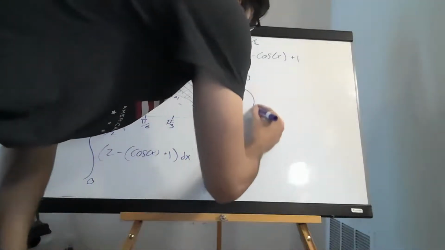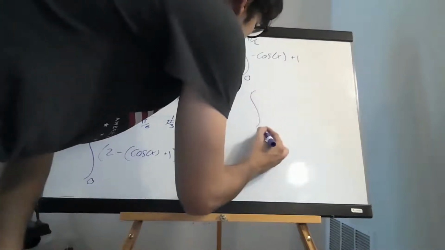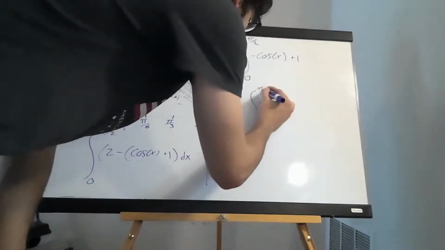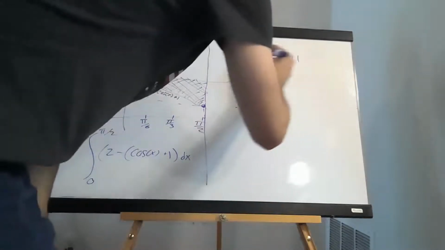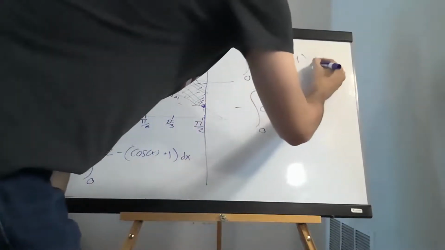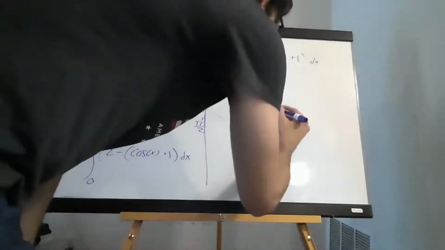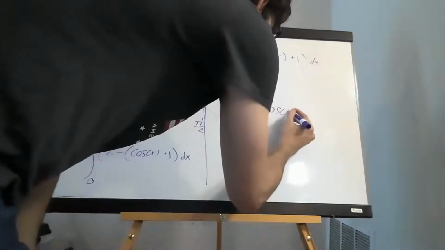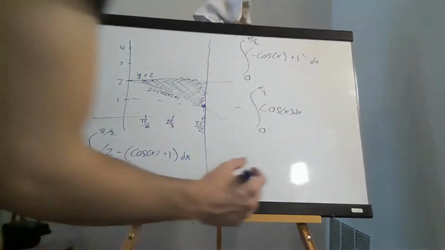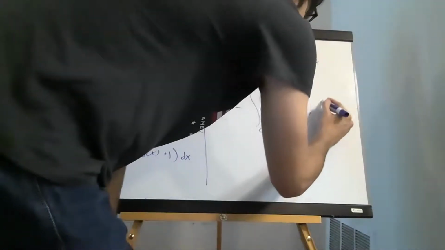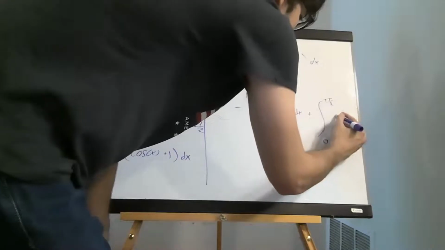This is the integral from 0 to pi over 2. Just going to put the negative out front for, don't catch me slipping, guys. You will never catch me slipping. Never forget to write dx for your integrals. Cosine of x dx, and then plus the integral 0 to pi over 2 of just dx.